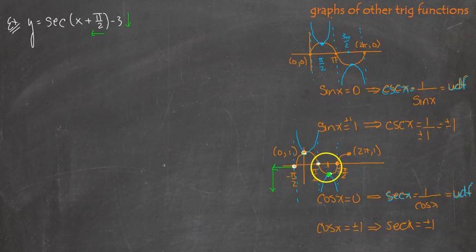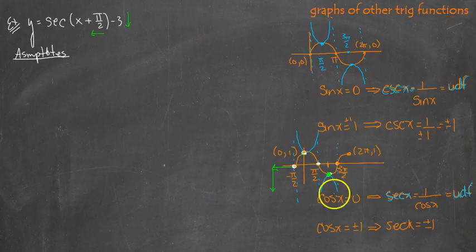First, let's track and see what's going to happen to our asymptotes. If I can spell it, I can do it. So I have an asymptote at, rather than mapping from 0 to 2 pi, I'm going to map from negative pi over 2 to 3 pi over 2.